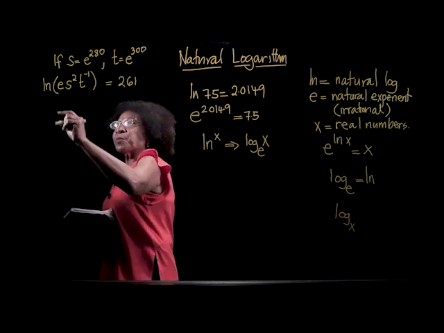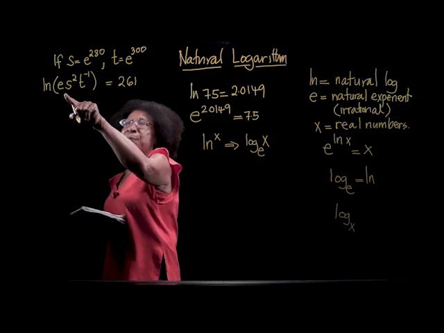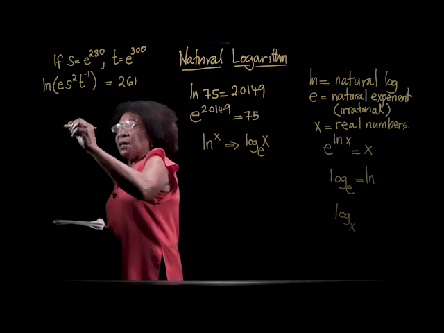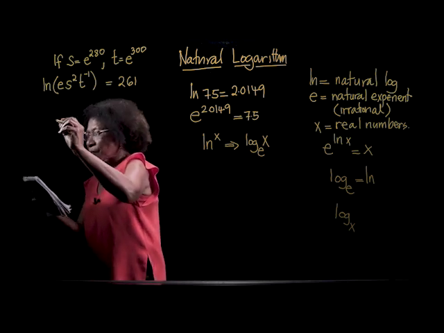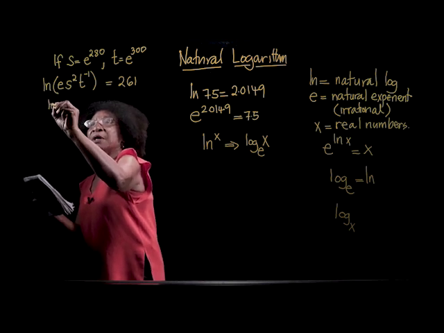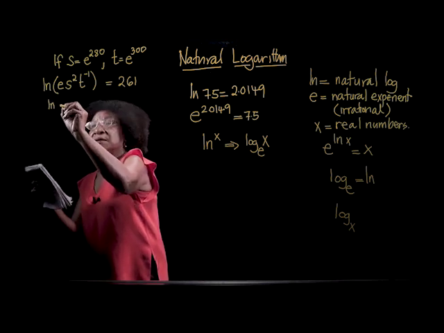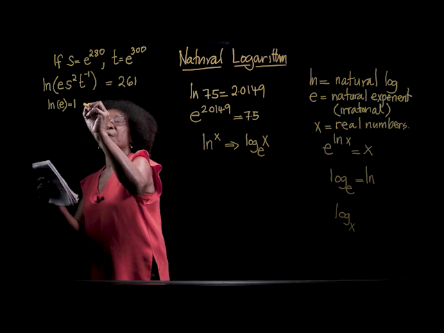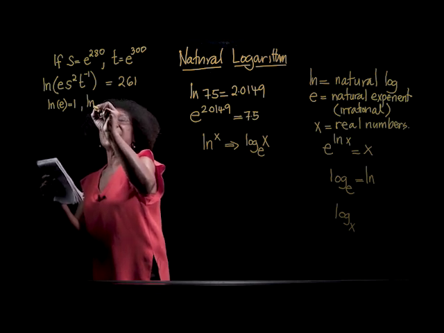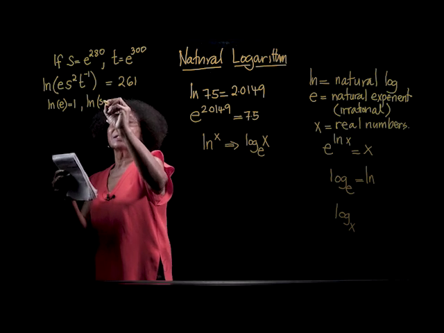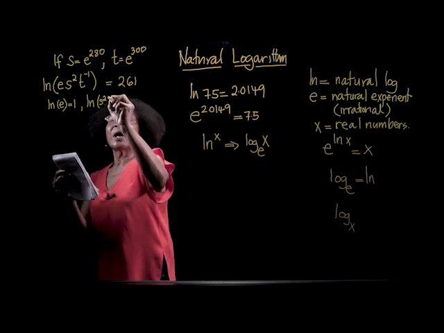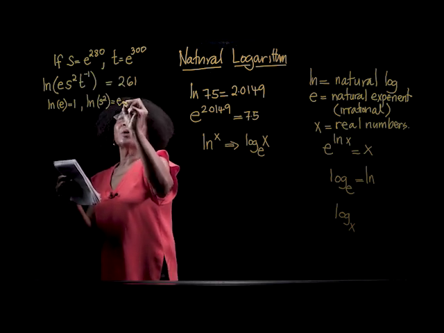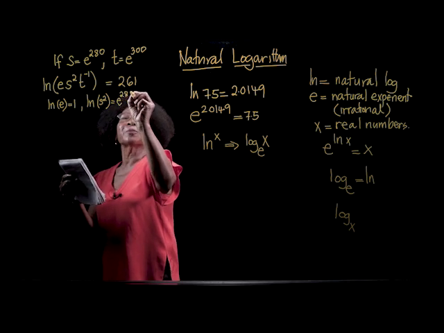Let's try to understand that. I need to expand e s squared t to the power of -1. So we go ln e, which is equal to 1. We also have ln s squared, where s is equal to e to the power of 280.